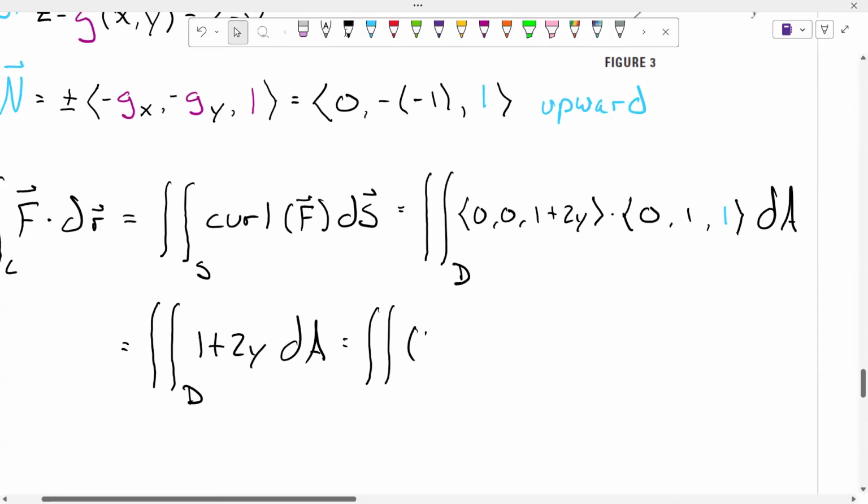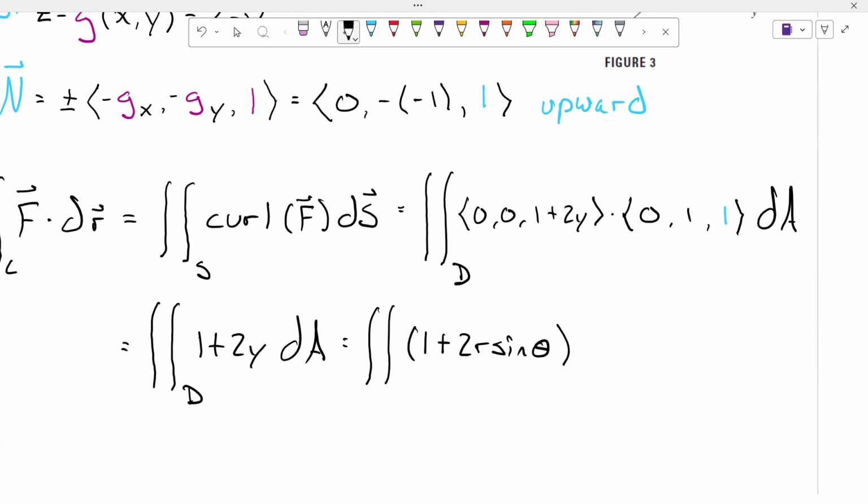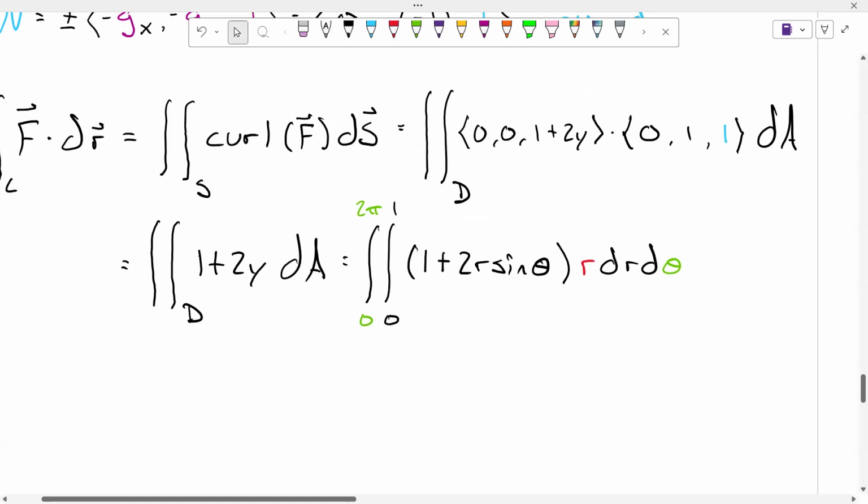So this will be 1 plus 2r sine of theta times r dr d theta. Theta goes from 0 to 2 pi, r from 0 to 1. And we'll come up with some answers for that mess.